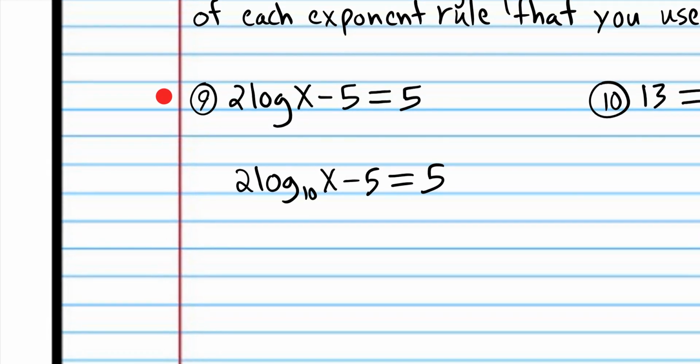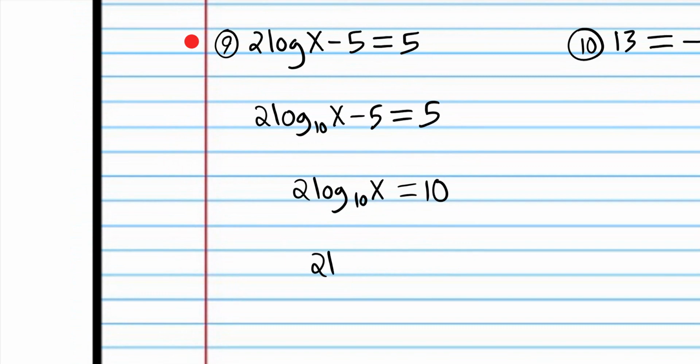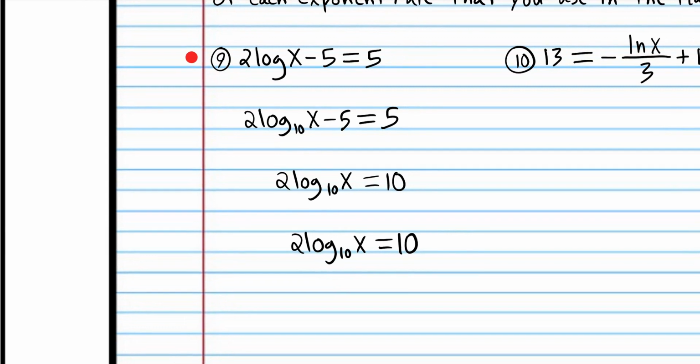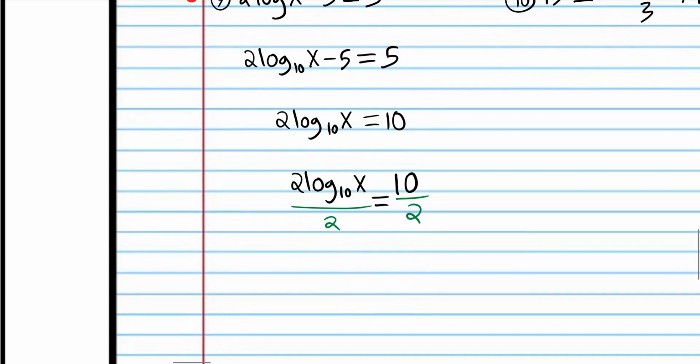Base 10 logarithms. So now we're going to add 5 to both sides. And then we're going to divide both sides of the equation by 2. And then we get log base 10 of x is equal to 5.